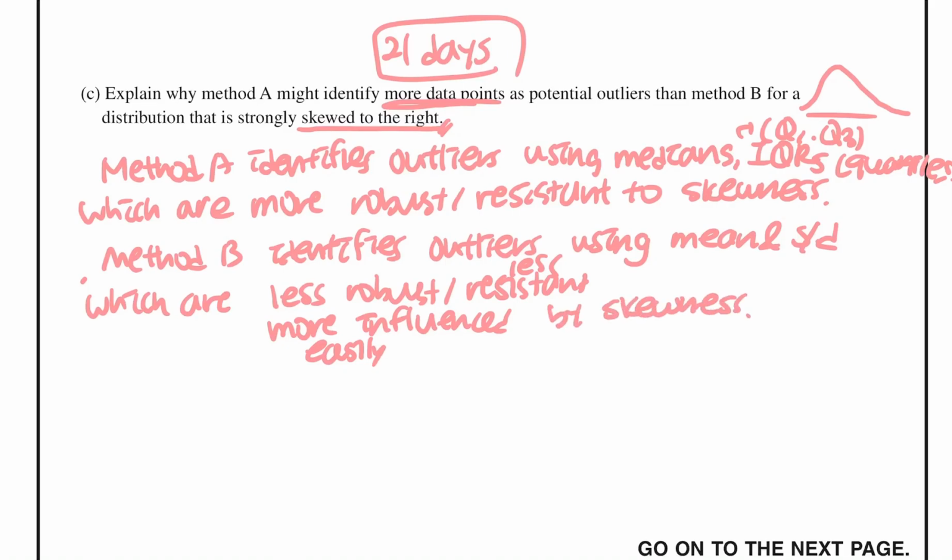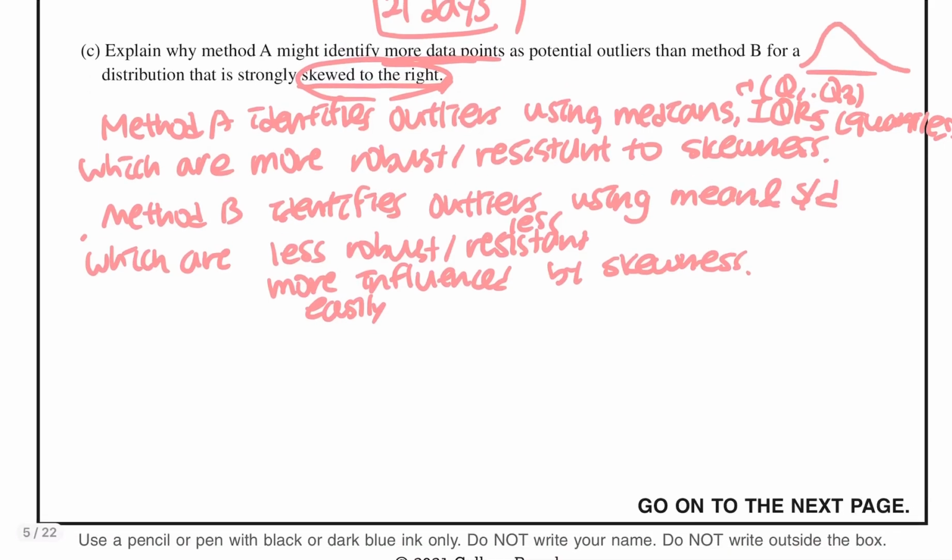If the distribution is strongly skewed to the right, like in this case, means and standard deviations are easily affected, so there is a higher possibility of a higher upper boundary as a result.